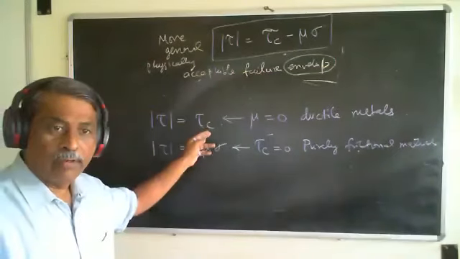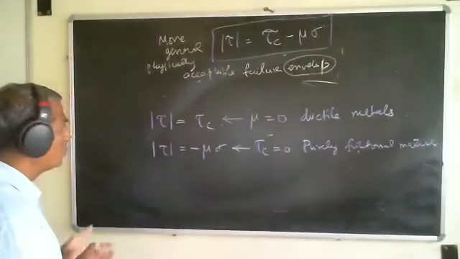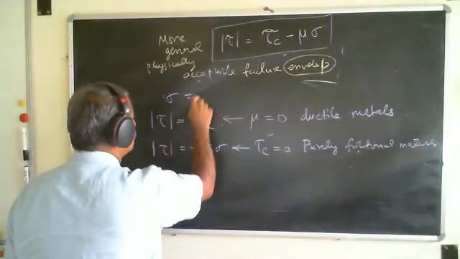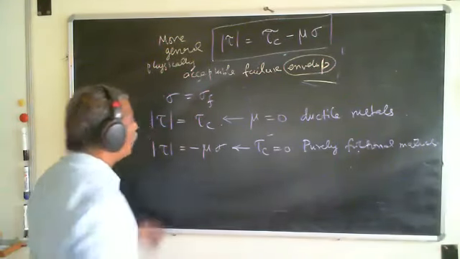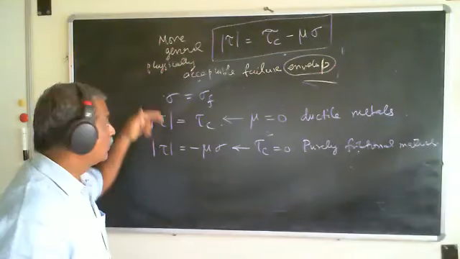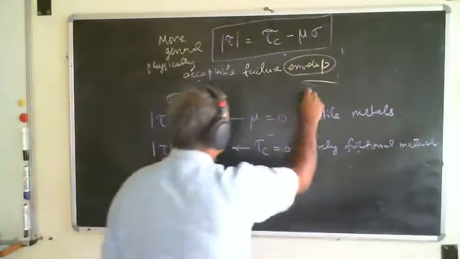So we have purely frictional. We also had one more, which was sigma is equal to sigma f. How do we get this? What do we do to get this? Remember, this is for brittle materials, right?